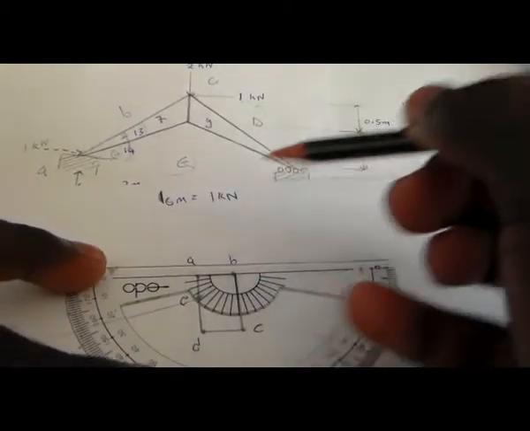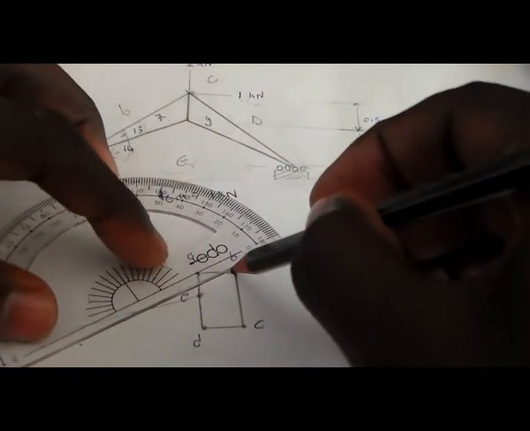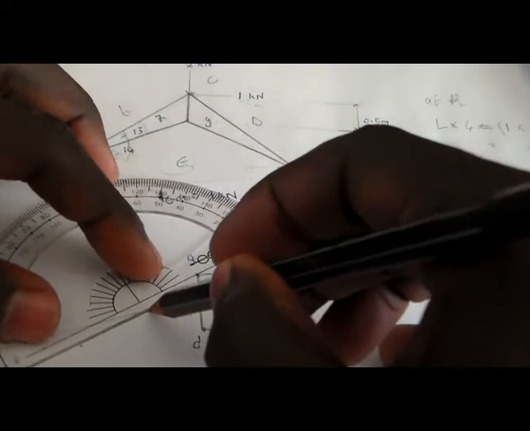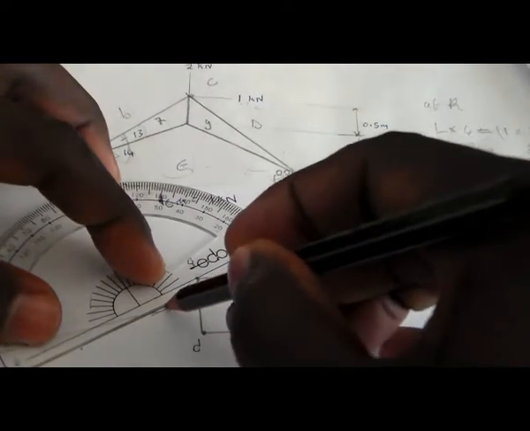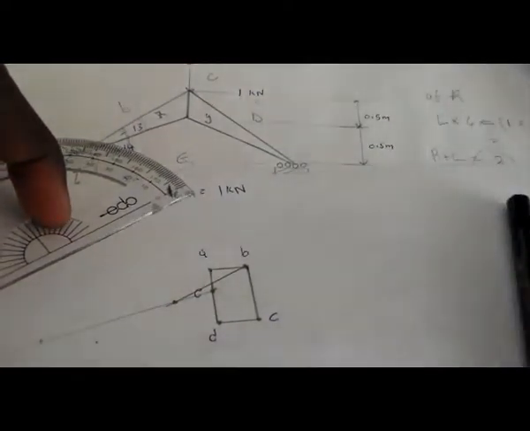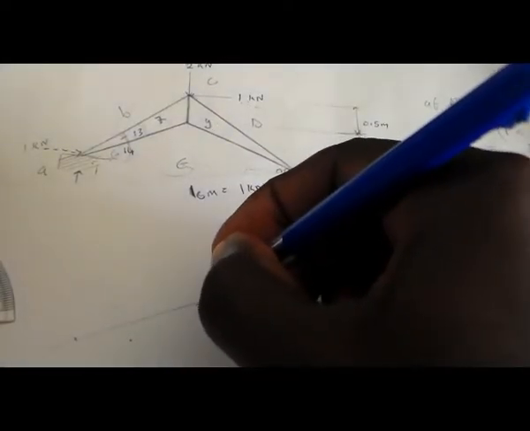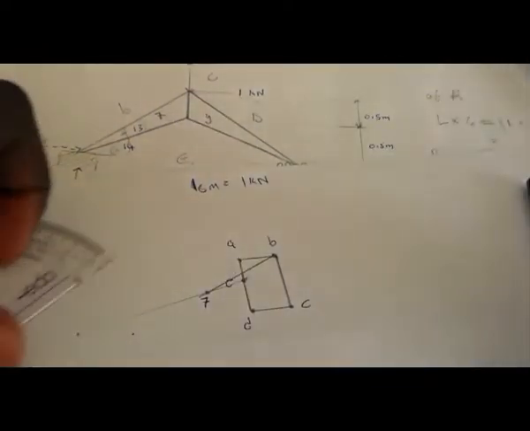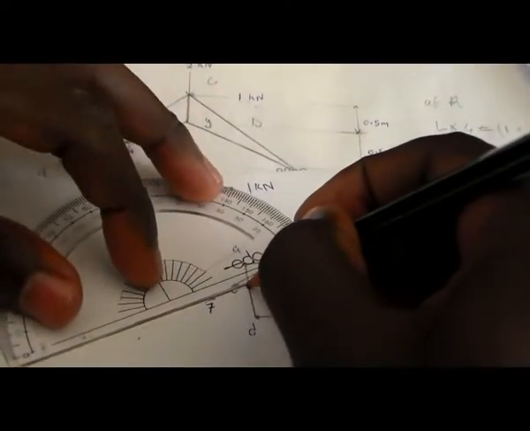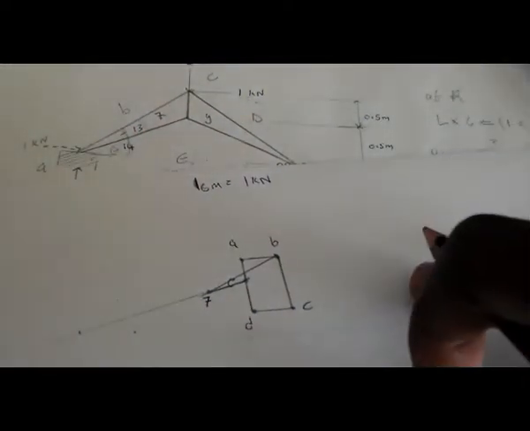Then we're going to draw this line of 27 here, up until it intercepts with our line here. So that means at this point we are having F here.